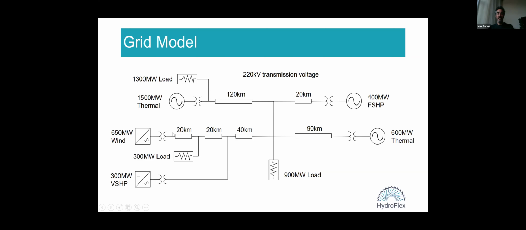I think to be more realistic, it probably needs a bit more hydropower and a bit more wind to get a more extreme grid. And then our variable speed hydro plant is sitting down here.